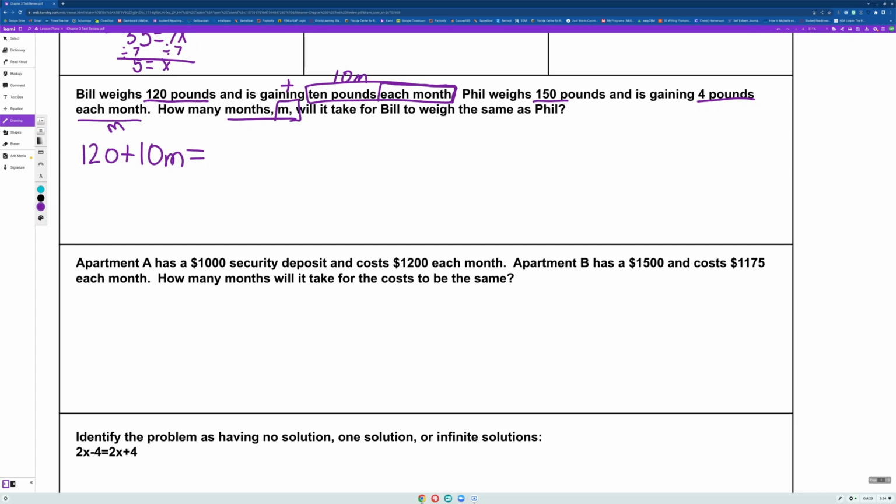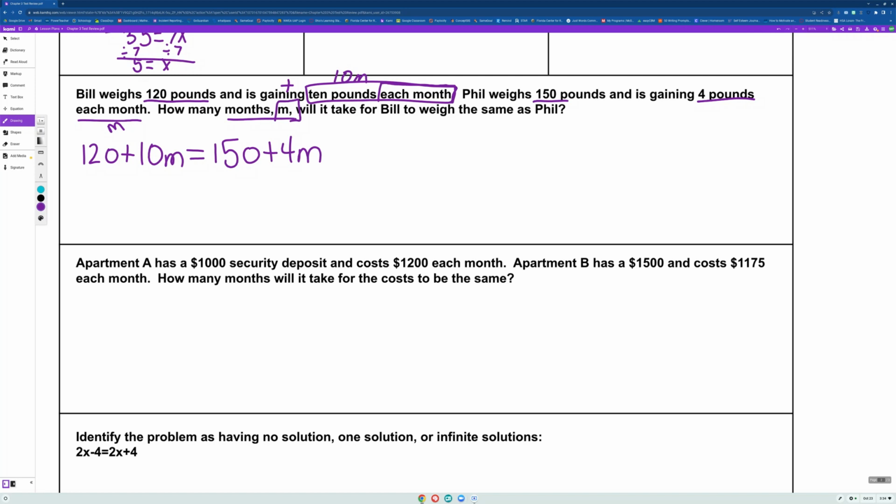So we have 150 pounds for Phil, and each month he's gaining 4 pounds. So our equation is 120 plus 10m is equal to 150 plus 4m.